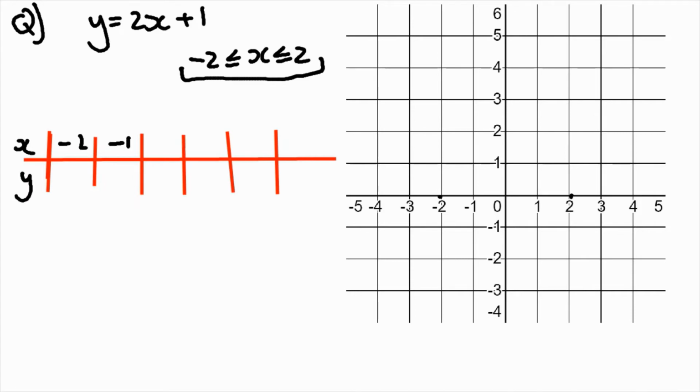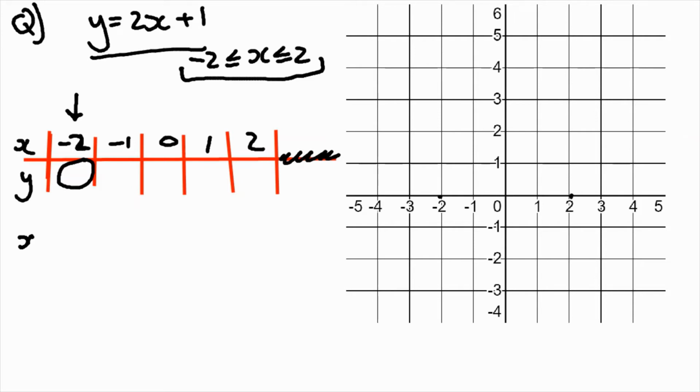And our x values that we want to plot are going to be listed at the top. So what you need to do now to work out each one of these is to put in the corresponding x value into our equation above.